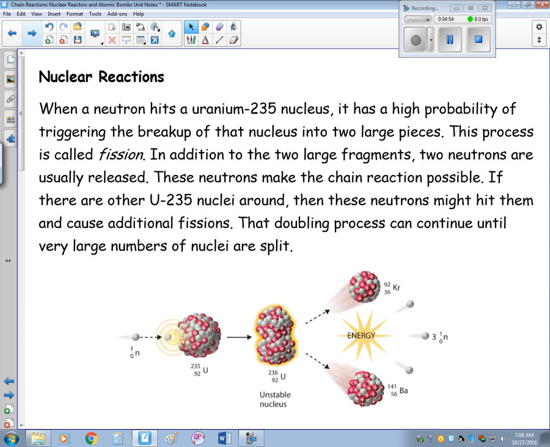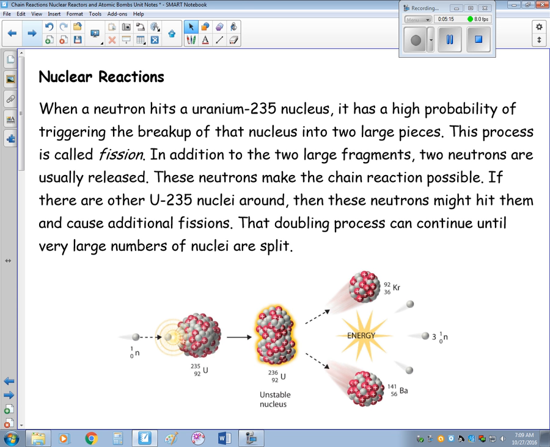Nuclear reactions work this way. It's very important that we use uranium-235, because when a neutron hits uranium-235, it has a high probability of triggering the breakup of that nucleus into two smaller pieces. We call that fission.